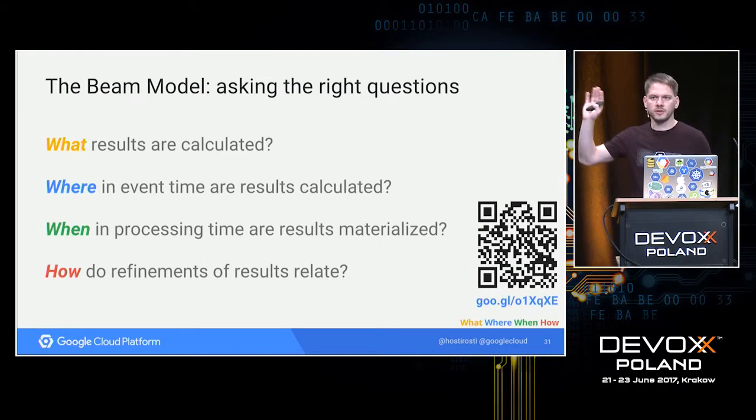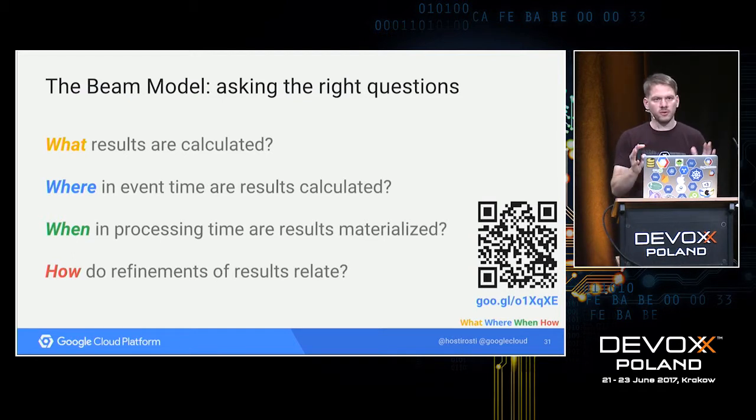The second question that we are asking is where in event time are results calculated? We just saw this graph where I had the different events. If I want low latency results, I have to group them in some kind of small time windows. So I have to know where I have to put each event. The next one is when in processing time are results materialized? That means when am I actually pushing results for my calculation downstream.